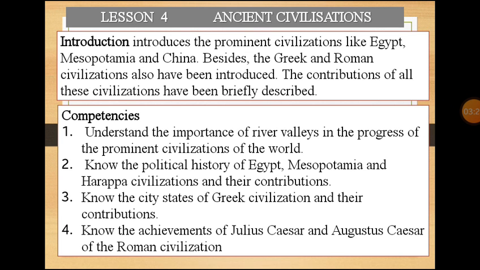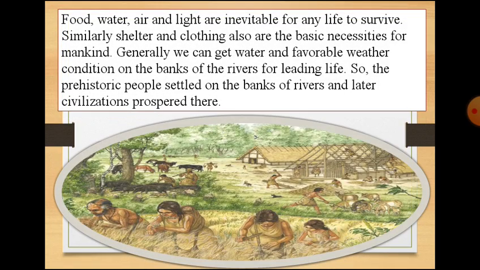Food, water, air and sunlight, as we know, everyone needs them. They were inevitable for any life to survive. Similarly, shelter and clothing are also basic necessities for mankind.